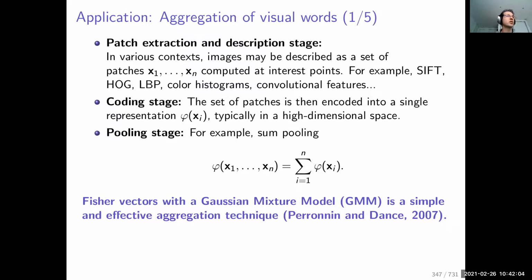It's now part of history, let's say the history of state-of-the-art methods in computer vision. So back in, let's say, 2011, before the ImageNet challenge in 2012, it was very popular in computer vision to describe an image as a collection of local features.